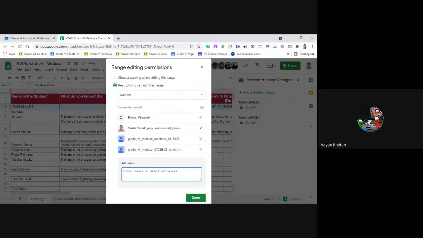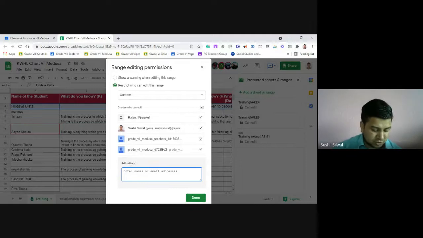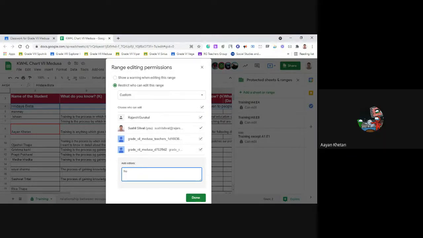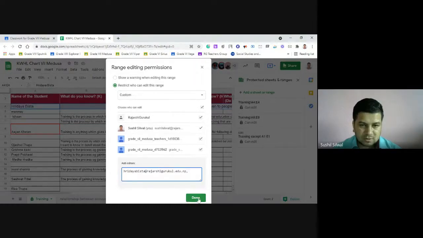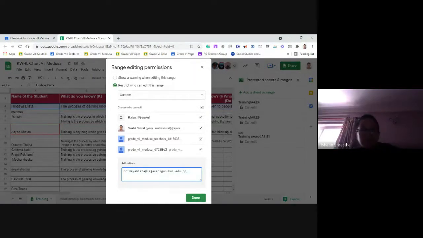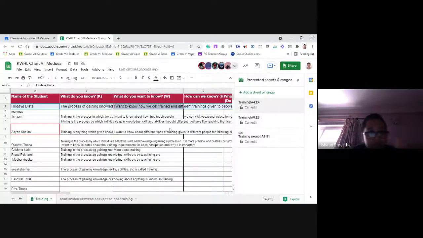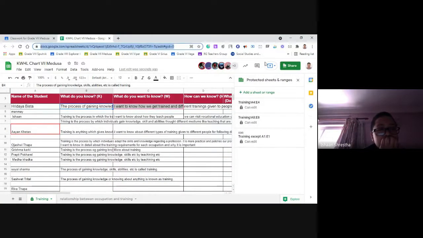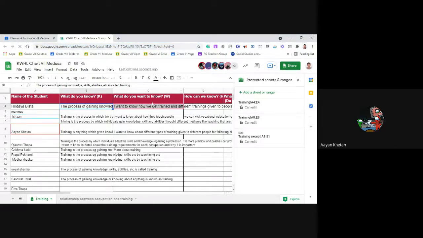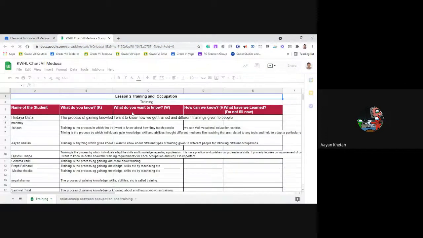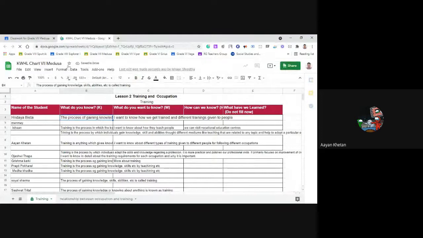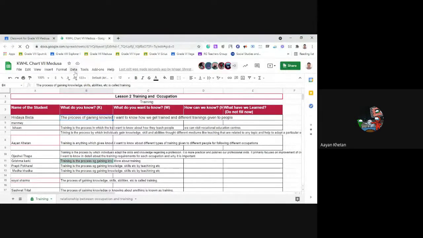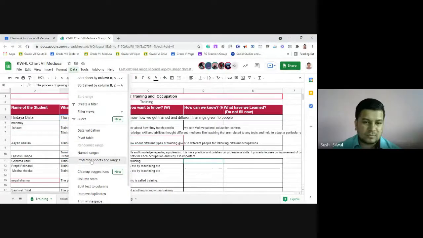Sir, I set the permissions in mine. You set it in yours? Yeah, you can check. But there's still something, there's a fixed reader. Sir, but I guess you can edit in mine because I've given you the permission.